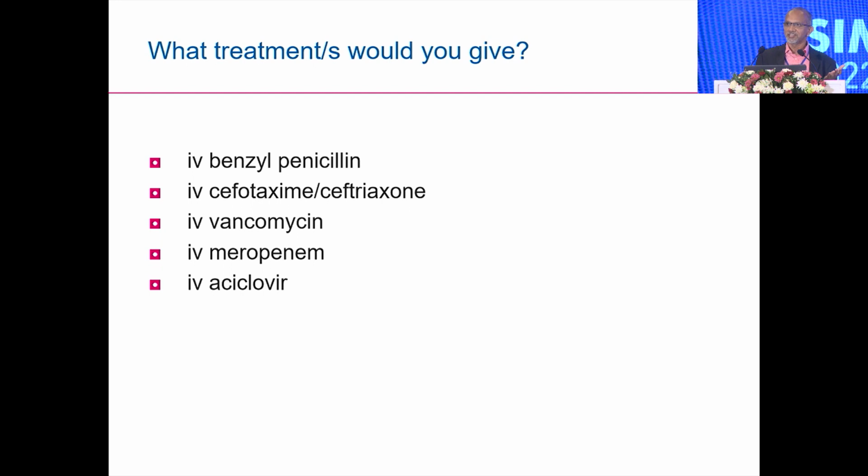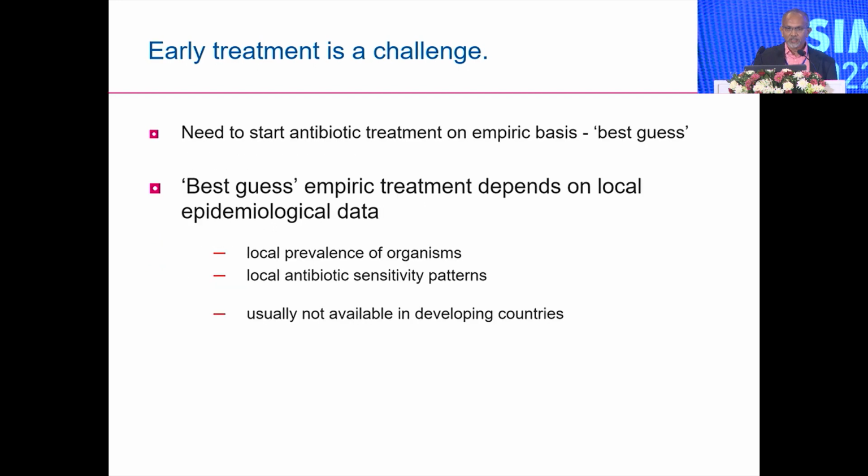Every UTI in this country gets treated with meropenem, so why not CNS infection? Anybody for acyclovir? Okay. So the best guess empirical treatment would depend on your epidemiological data in your community, in your setting, which is usually not available in developing countries.